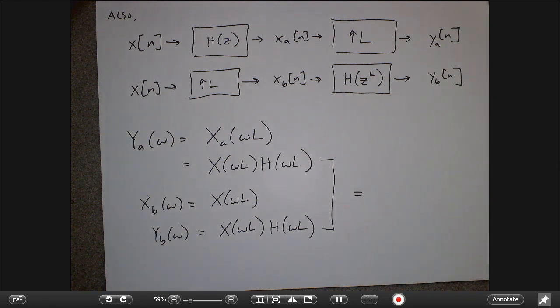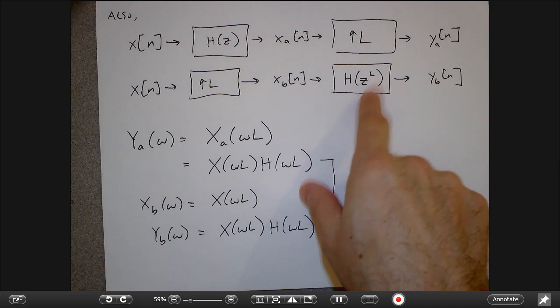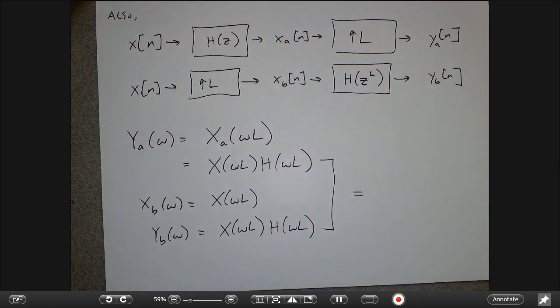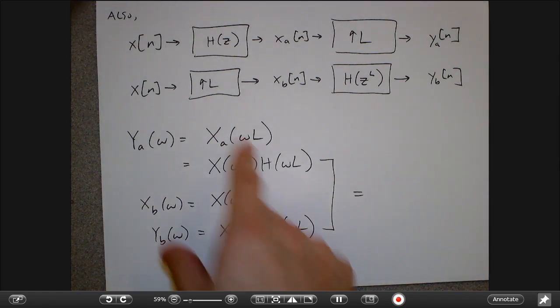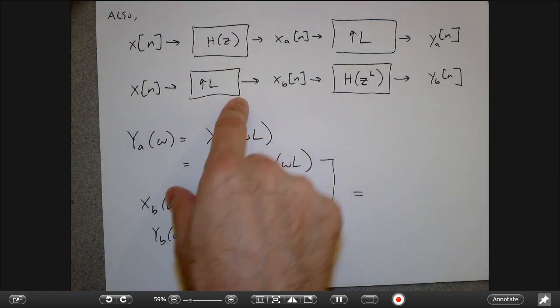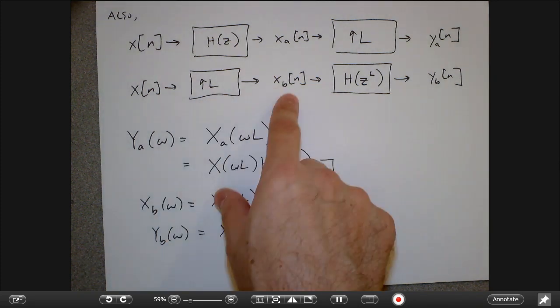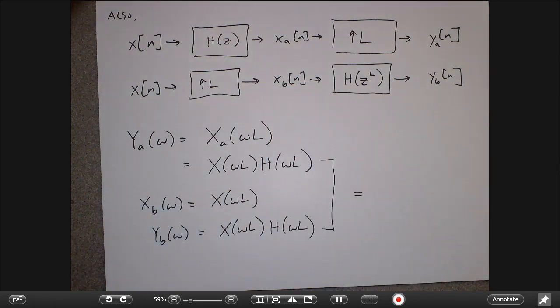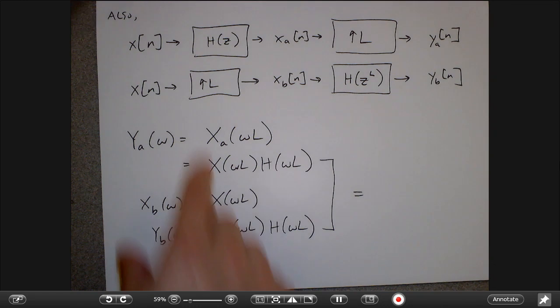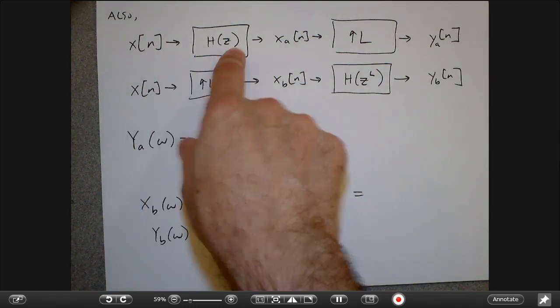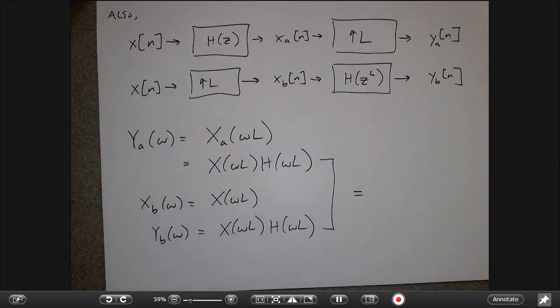It just kind of grinds through whatever it knows how to do on the input, right? And so here, this filter would be applying a bunch of unnecessary computations to a bunch of zeros, right? And so computationally, that would be a waste of time, right? Because I should know that there really aren't that many non-zero entries in whatever the signal is, and so I shouldn't waste my time filtering, right? Instead, what I should do is find a way to filter first and then insert the zeros later. Turns out that these things turn out to be equivalent.